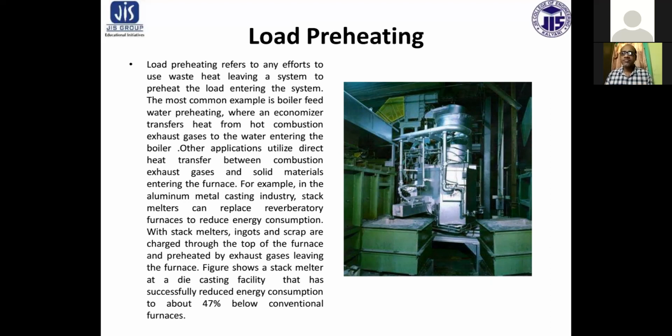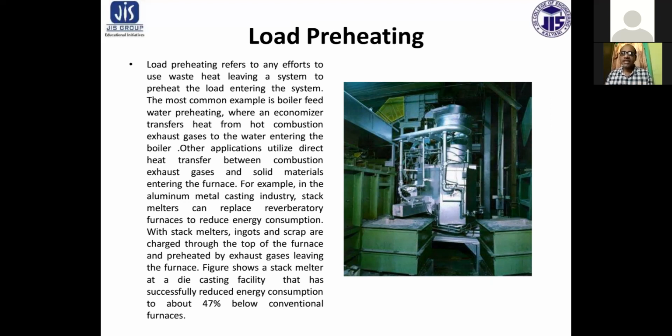For example, in the aluminum and steel casting industry, stack melters can replace reverberatory furnaces to reduce energy consumption, with stack melters using ingots and scraps.